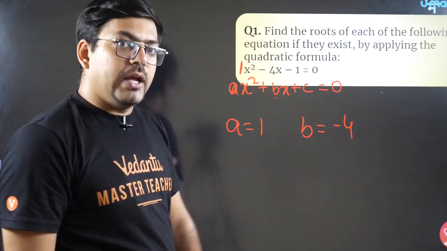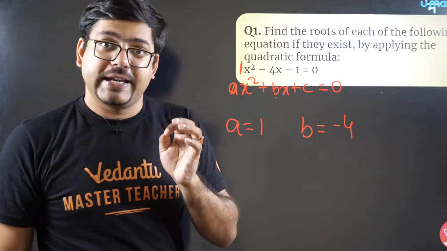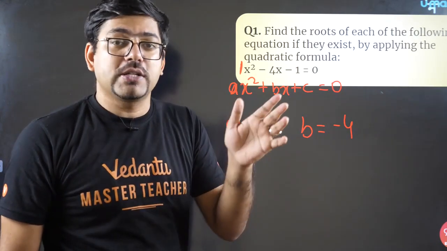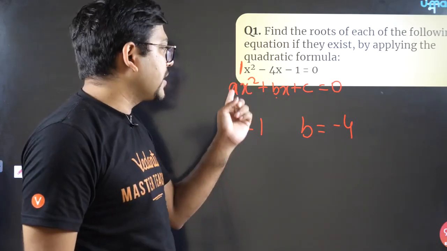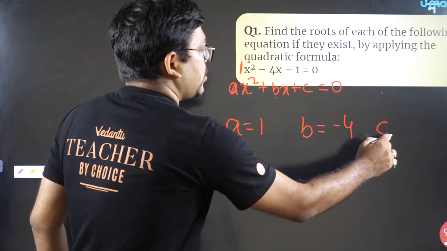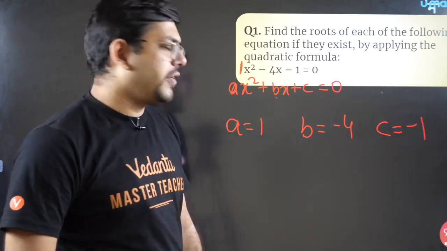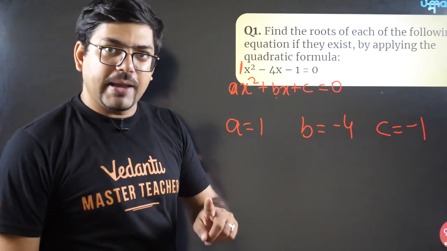See, always remember, you have to write all the coefficients along with their sign. Please do not leave the sign, because otherwise you will get a wrong answer. Fine. So a is equal to 1, b is equal to minus 4 and c is equal to minus 1. So you got c also, which is minus 1. Fine. a is 1, b is minus 4 and c is minus 1. You got these a, b, c values.